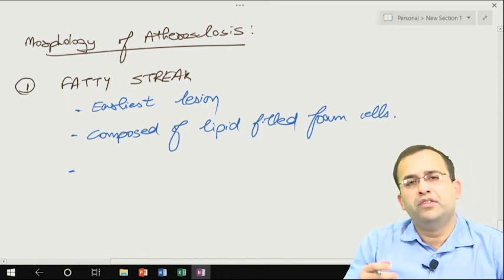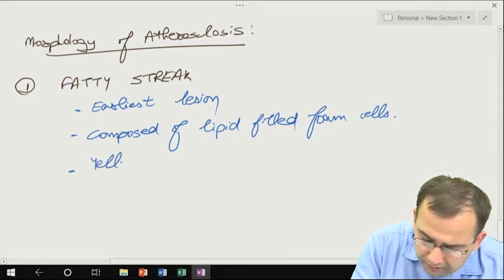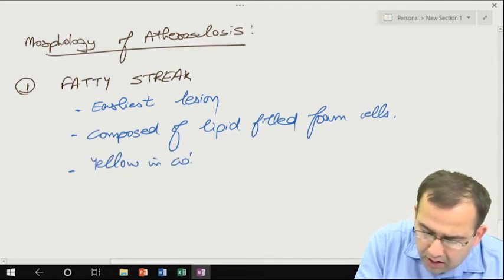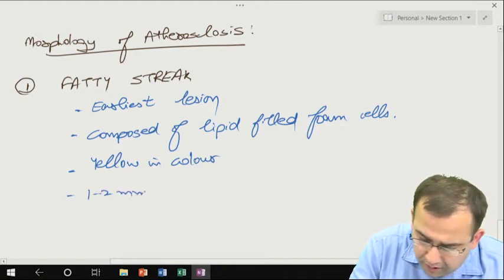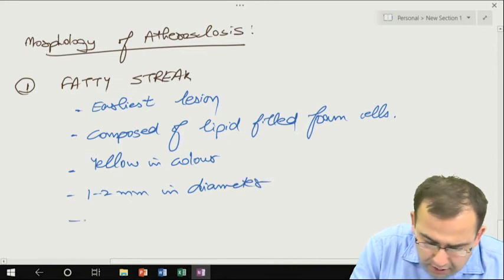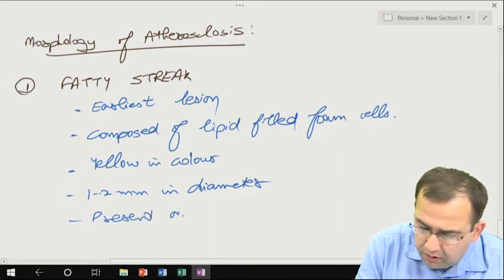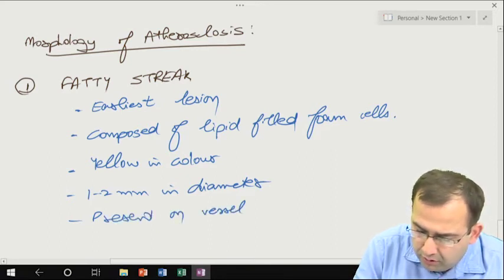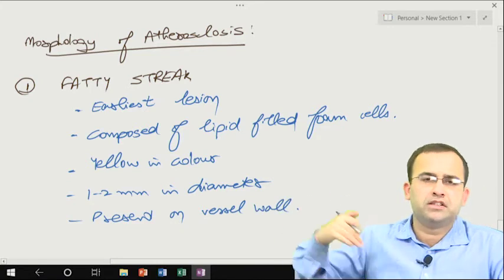Next point, what is the color of a fatty streak? These are yellow in color, 1 to 2 millimeters in diameter, present on the vessel wall.